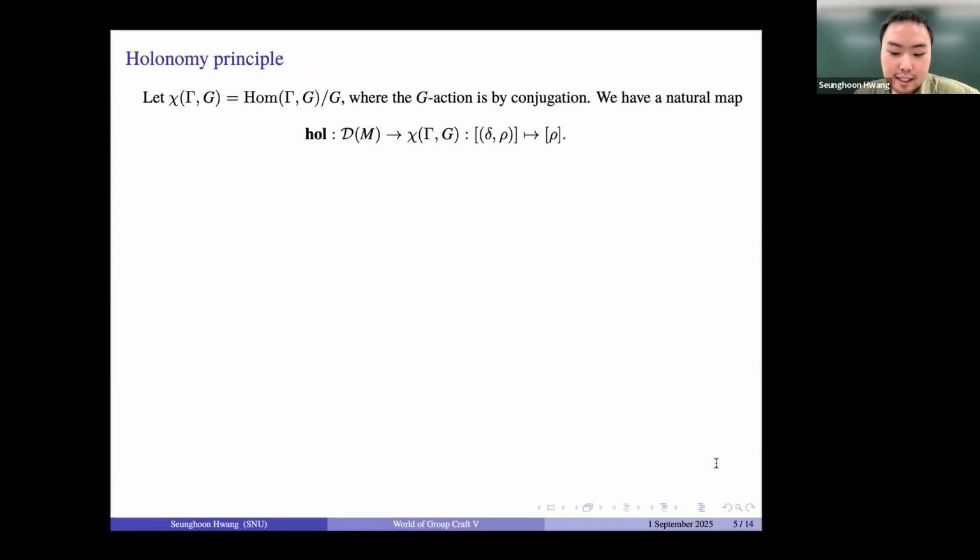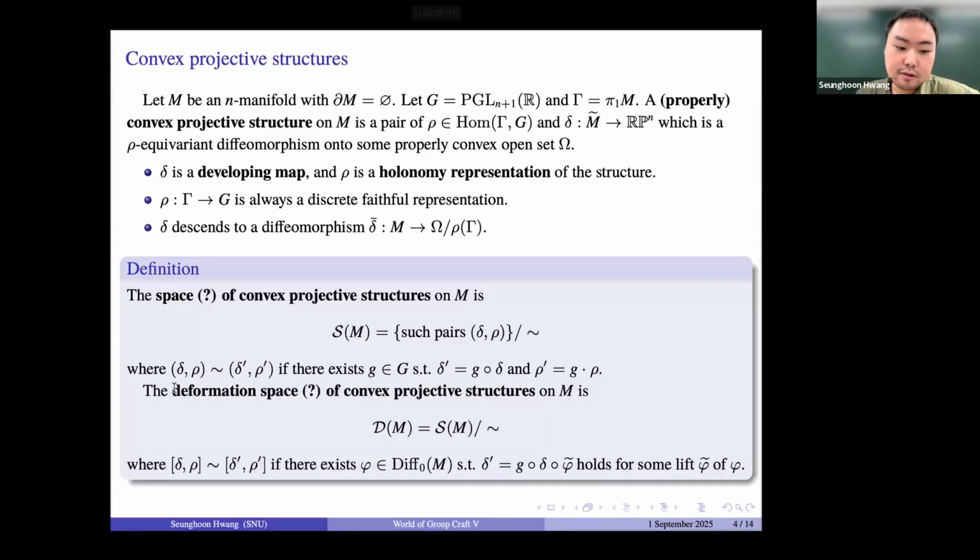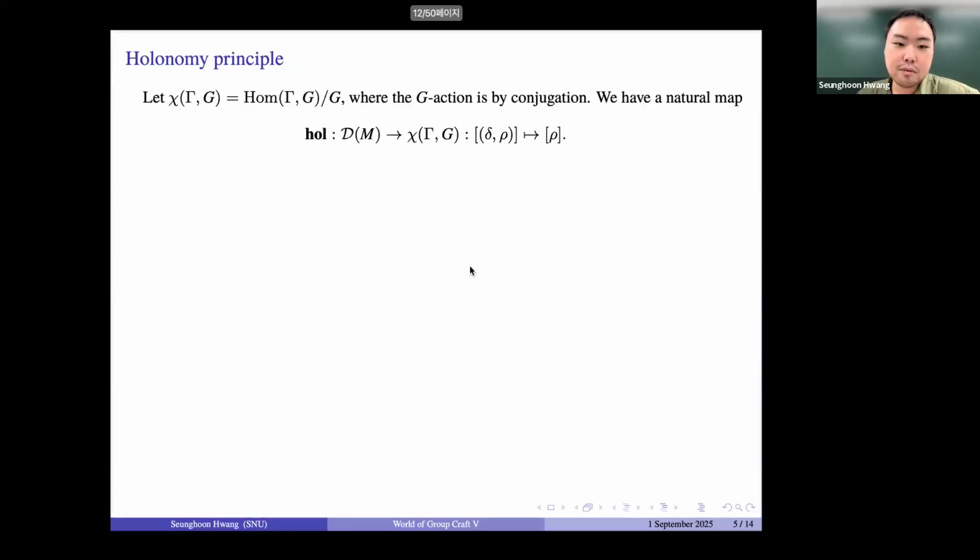And yes, as I explained before, we have good topologies, so we have a deformation space. And then we also have another piece of data, which is a map defined on the deformation space of such structures to the character variety, where the character variety is the representation variety quotiented by the G action by conjugation.